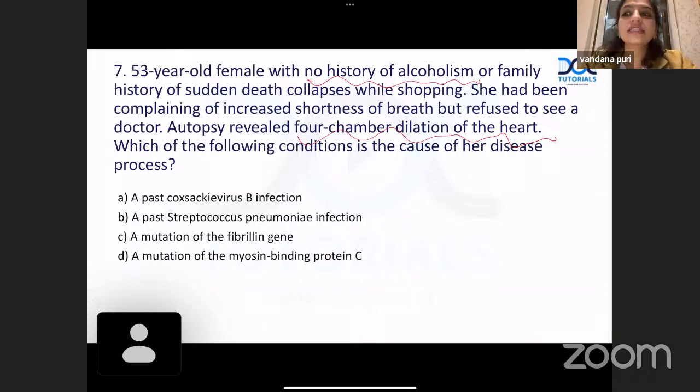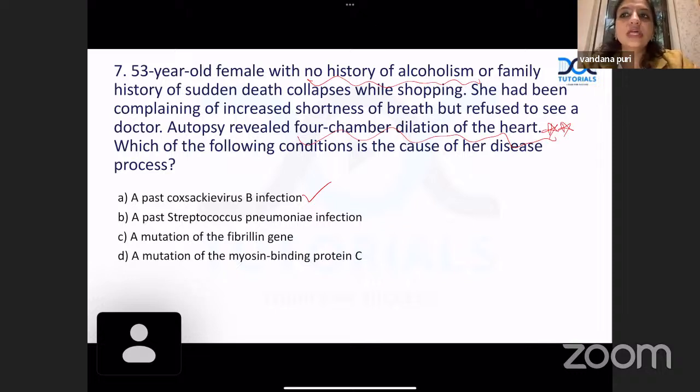I thought, let's come out of the genetics of the cardiomyopathy and talk about non-genetic causes of the cardiomyopathies. Four-chamber dilatation of the heart is a very classical feature of dilated cardiomyopathy, and definitely a past infection with Coxsackie virus. Myocarditis is a trigger for dilated cardiomyopathy.